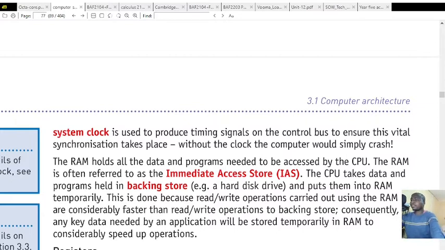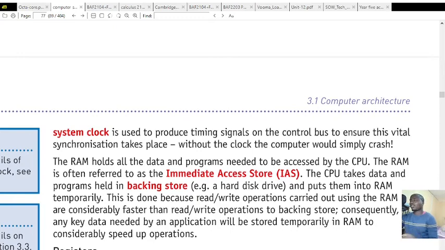This is done because read and write operations carried out using RAM are considerably faster than read and write operations done by the backing storage, because the hard disk is far away and not as close to the processor as compared to RAM.